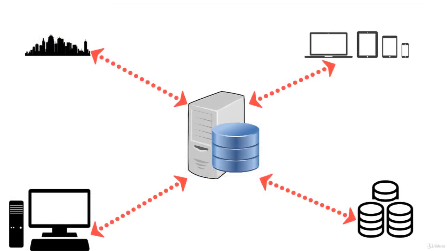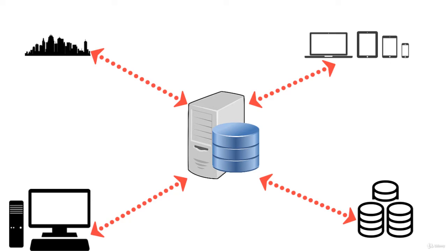So you must have a question like, where is my web server located? When you try to access a website, you don't really need to know where the web server is located. The web server may be located in another city or country, but all you need to do is type the URL of the website you want to access in the web browser.